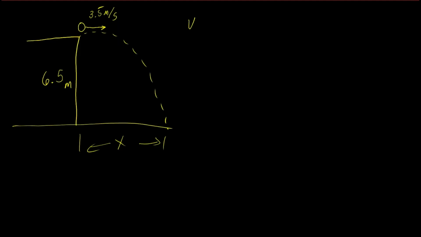So we can say that velocity x is 3.5 meters per second. I can say that time is the square root of 2 times the height, which is 6.5, divided by gravity.